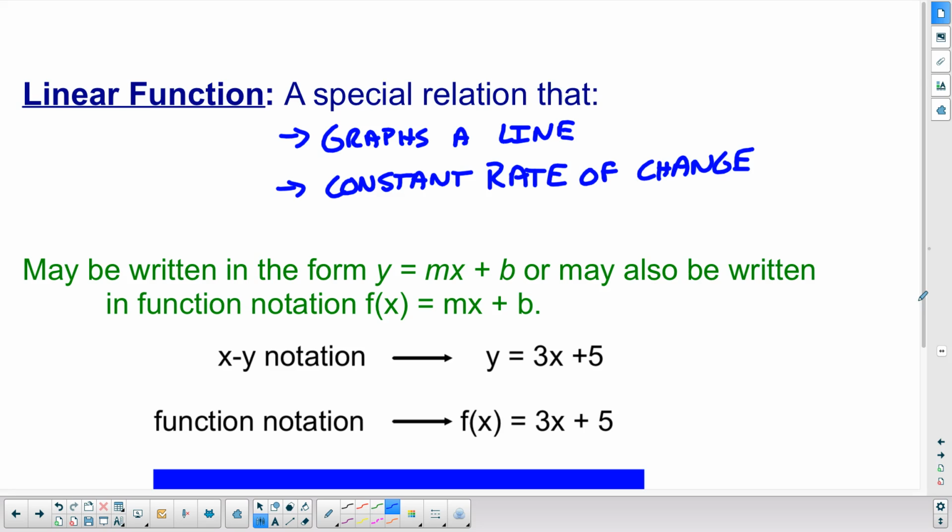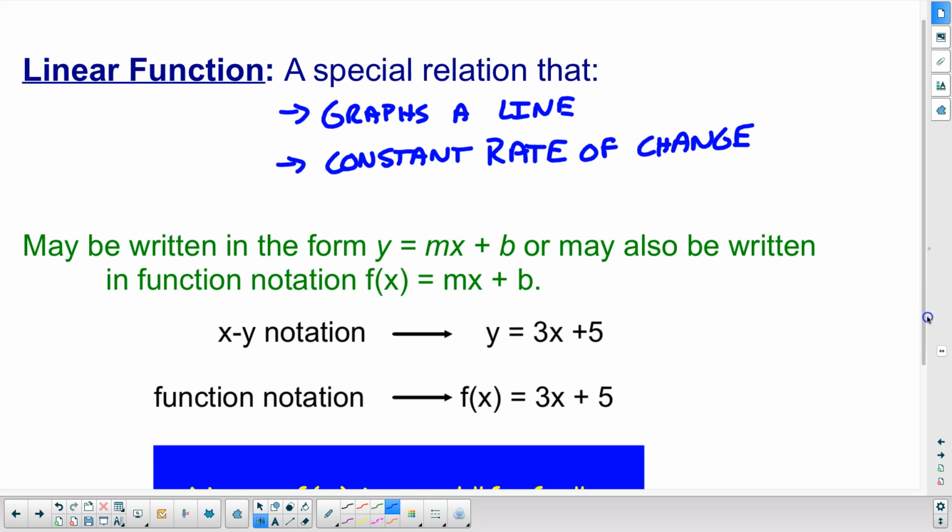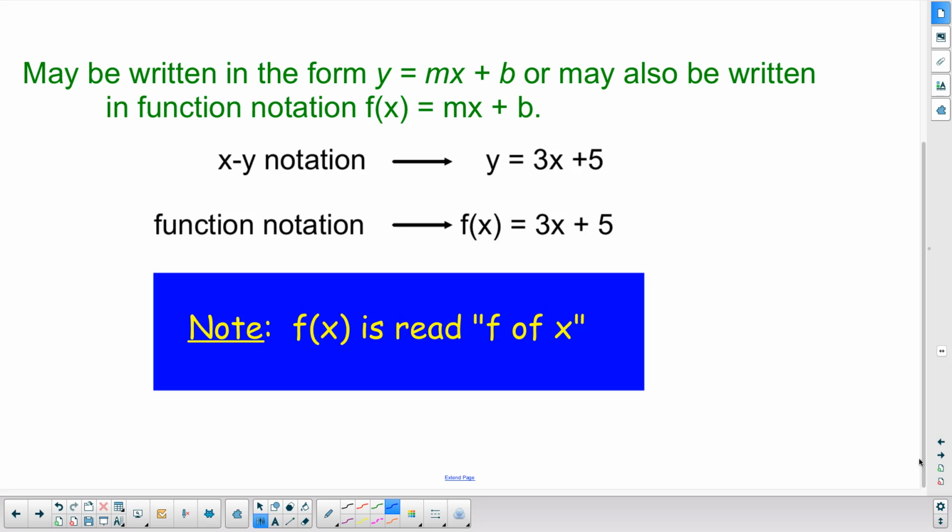And we're going to deal a lot in the world of functions. Just remember, it's not fx. That's a TV channel. fx has the movies. It's read f of x.